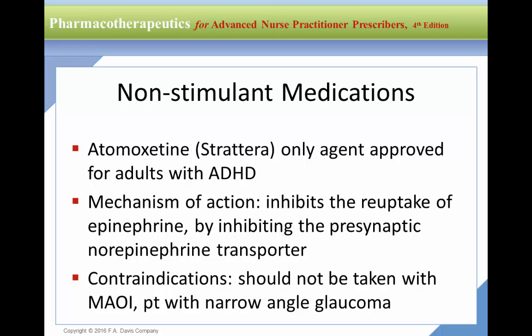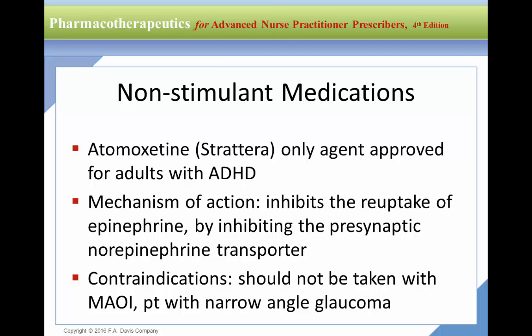Non-stimulant medications that could be used: atomoxetine, which is only approved for adults that have ADHD. This is not only the child who grows into an adult. It's exactly the same mechanism of action, inhibiting the reuptake of epinephrine and norepinephrine.